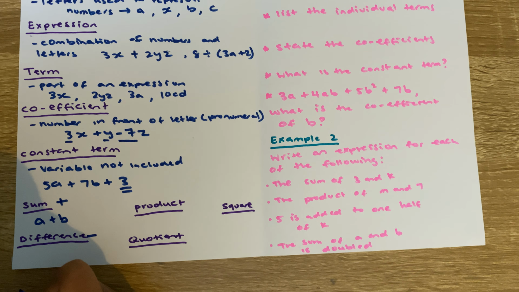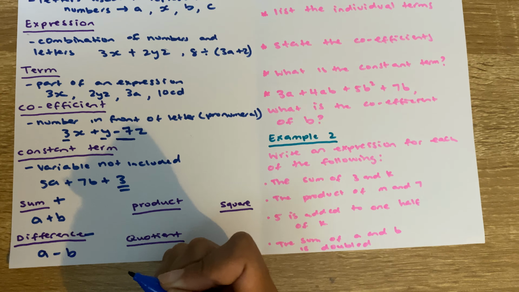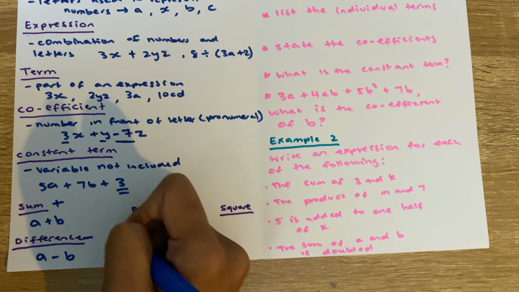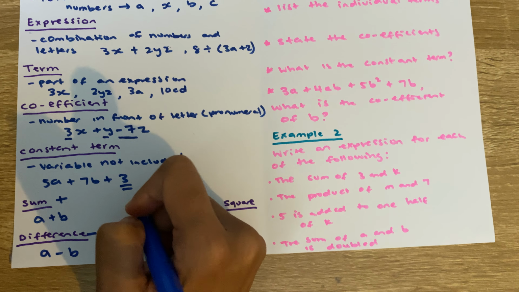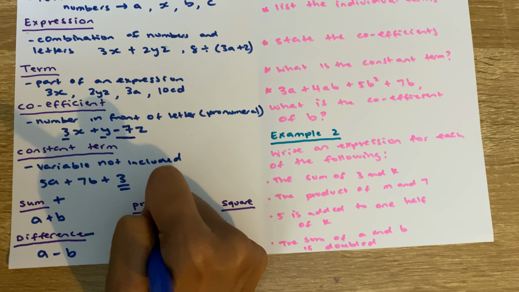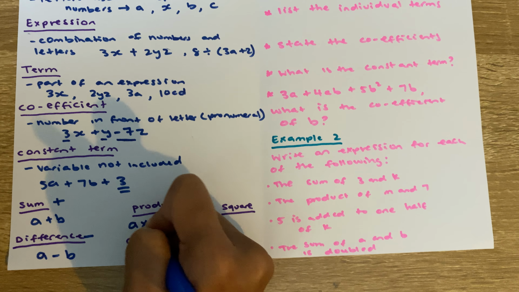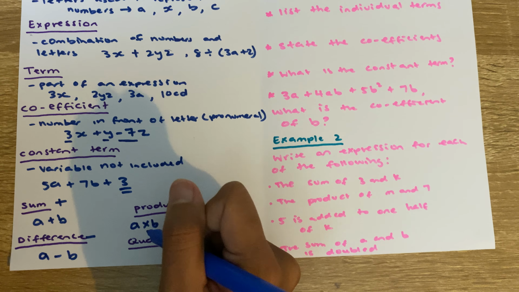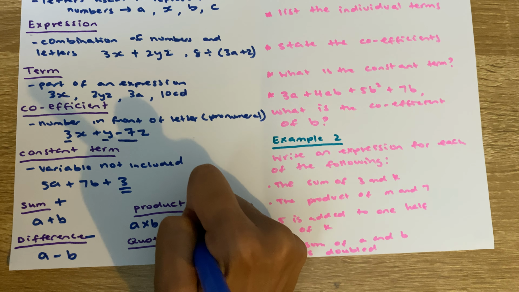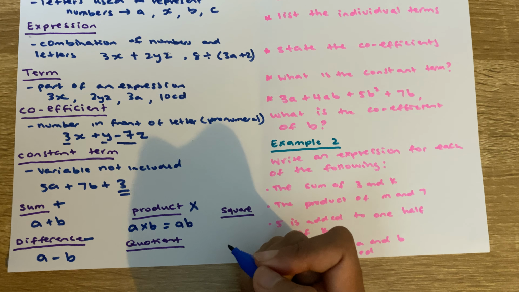So the difference of A and B is going to be A minus B. Product. Okay, product means times. So the product of A and B is going to be A times B. And in algebra, when we've got a times sign and we've got two variables or two pronumerals, we combine them together. So we pretend that there's an invisible times sign between those two.